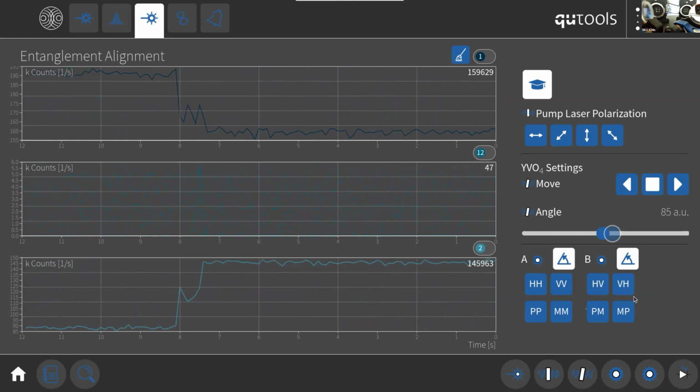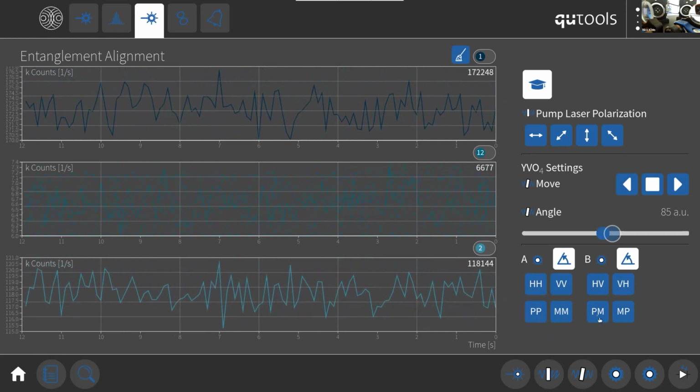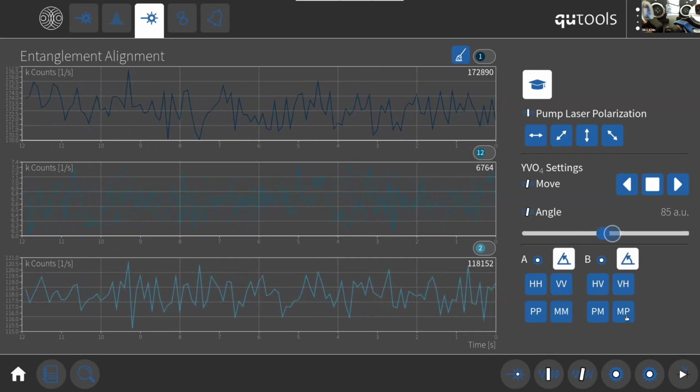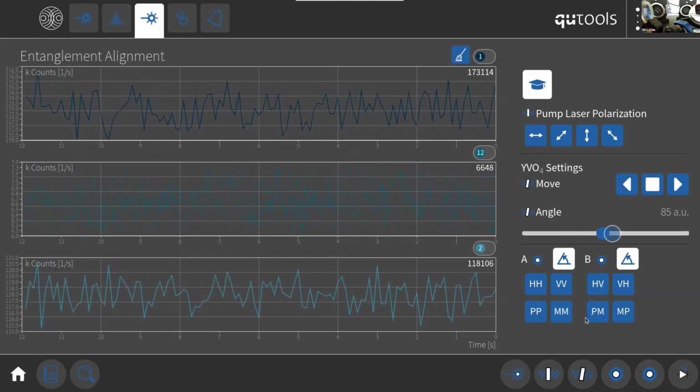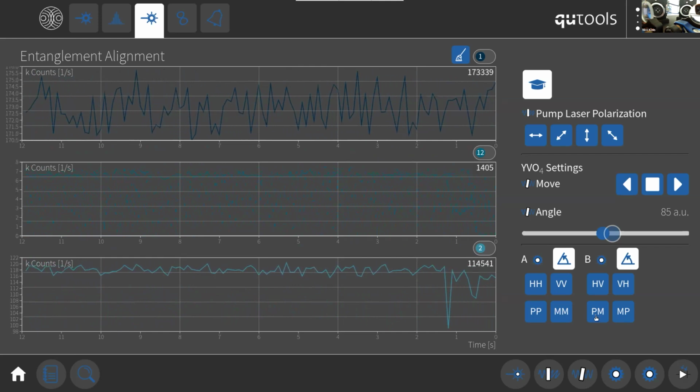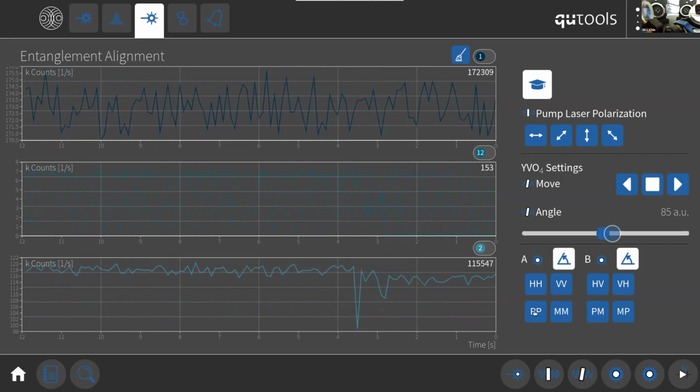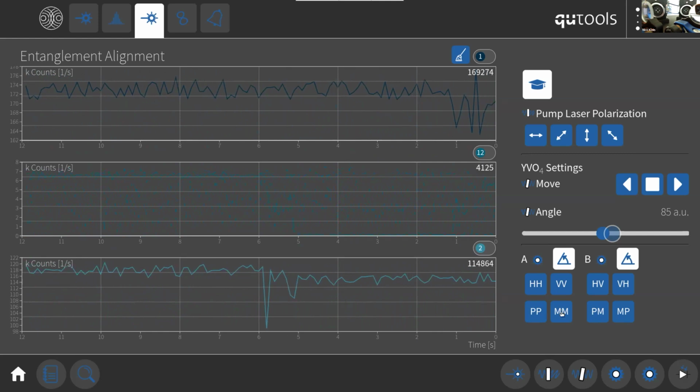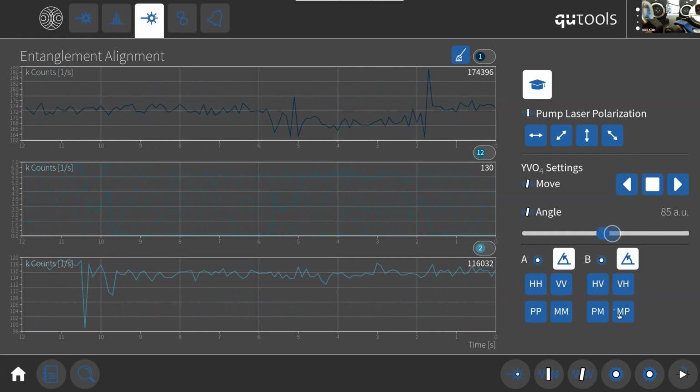But then we can also look at this in the other basis, not in the HV basis, but now in the plus-minus basis, where plus 45 degrees is one basis vector and minus 45 degrees is the other one. And then for the two qubits, we have plus plus, minus minus, plus minus, and minus plus. The surprising thing here is that now we also see great correlations for the plus plus and minus minus configurations, but we see very little coincidences in the plus minus and minus plus space.